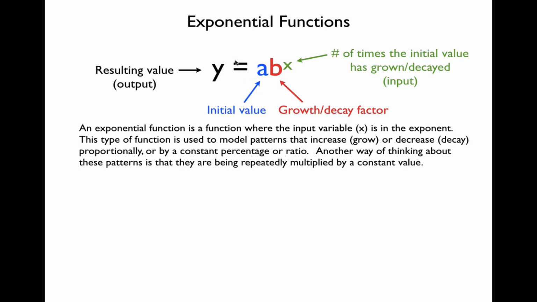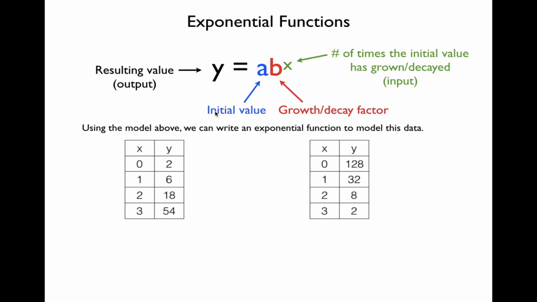So the simplest form, standard form, is y equals a times b to the x, where a represents some initial value, and b represents the growth or decay factor, basically what you're multiplying by, and x represents the number of times you multiplied that initial value, or the number of times the initial value has grown or decayed. And when you evaluate all of that, you get the output or the resulting value y.